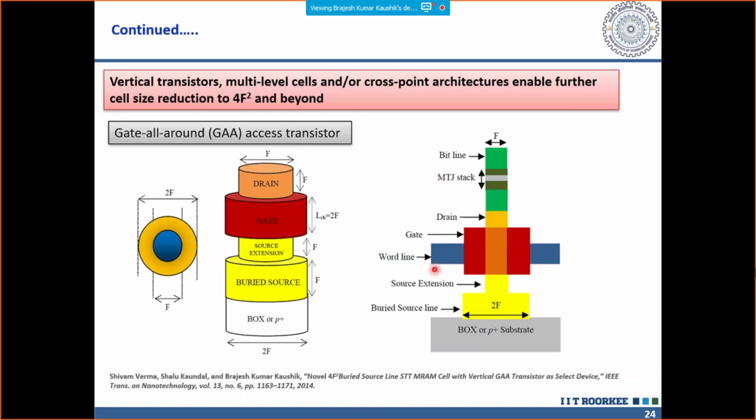So this work was carried out by our group in 2014, almost 7 years ago, and we could find that the overall area of this cell was quite small in comparison to your planar based transistors. What we could find is that 33% of the area could be reduced using this GAA in comparison to your planar transistor.